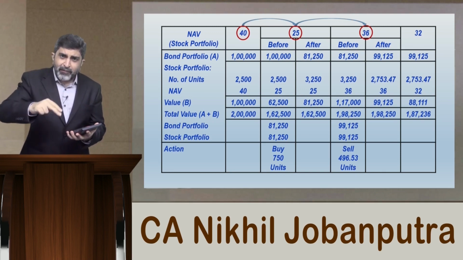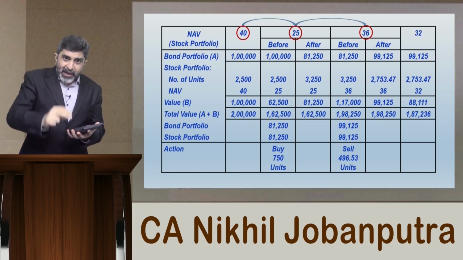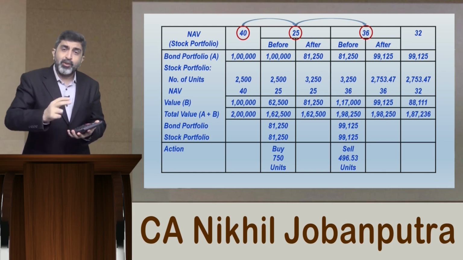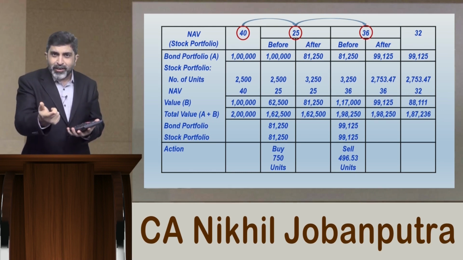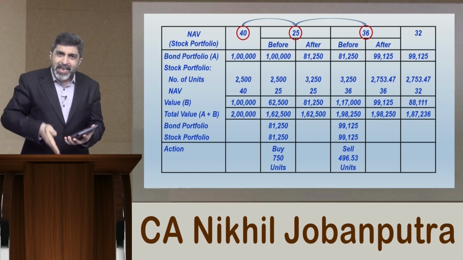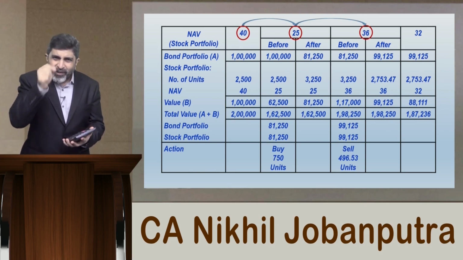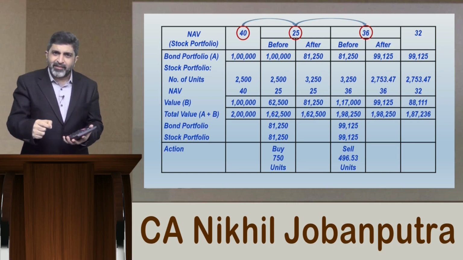So from 40 when it went to 25, you figure out the percentage change. Then from 25 when it went to 36, you figure out the change. When 36 has altered to 32, you again figure out the percentage difference, and you keep plotting that on the question itself, that here there will be rebalancing, here there won't be rebalancing.